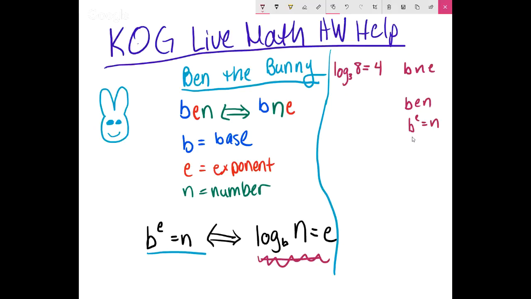Remember, whichever number is first is the b when we read from left to right in the logarithmic equation. So b is 3, and N is 81, so that goes on the side.